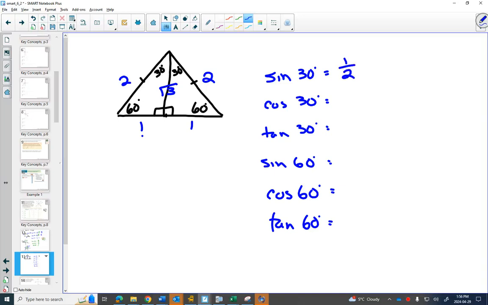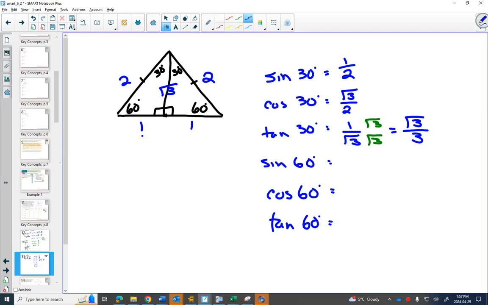That's 1/2. Cos of 30 degrees, adjacent over hypotenuse. That's √3/2. And tan of 30 degrees, opposite over adjacent, 1/√3, of course. We have to rationalize our denominator, so we get √3/3.